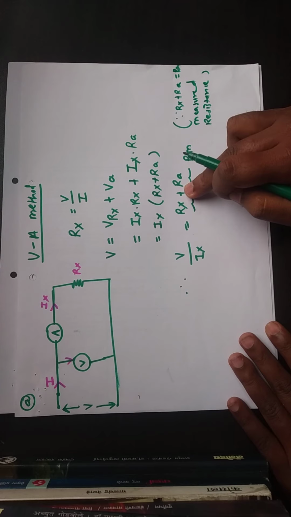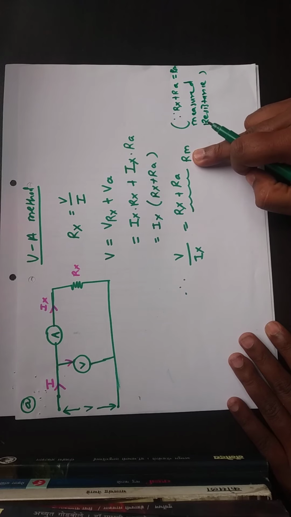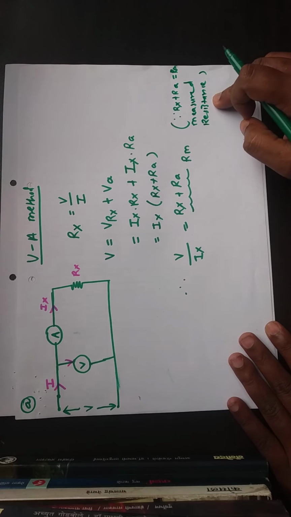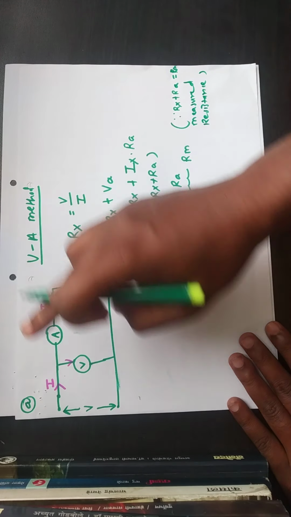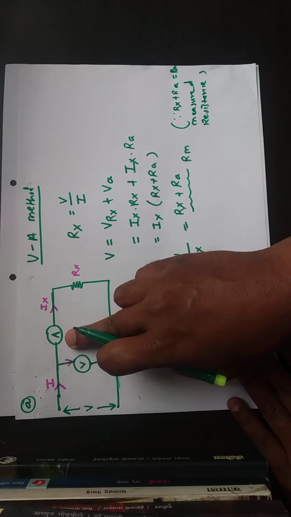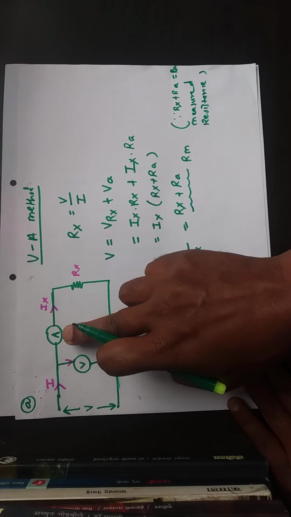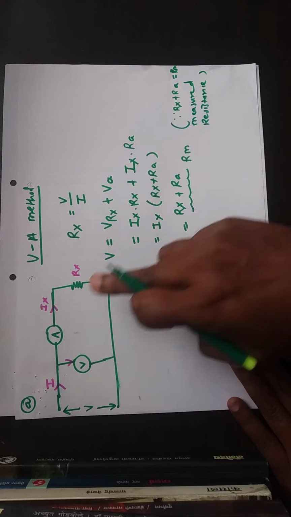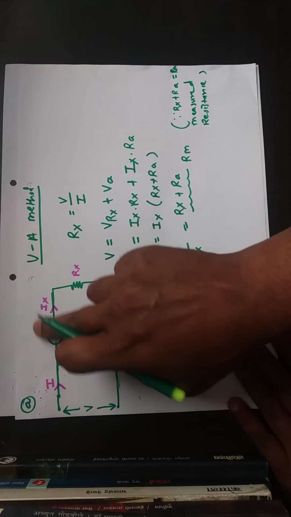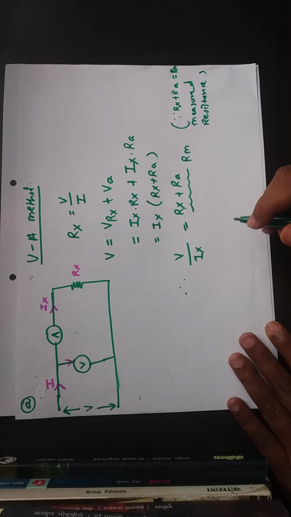This Rx plus Ra is nothing but Rm, the measured resistance, because although we are measuring Rx, the ammeter adds some resistance. Because of this, Rx plus the ammeter resistance Ra is called the measured resistance Rm.